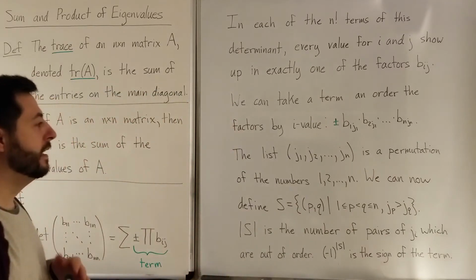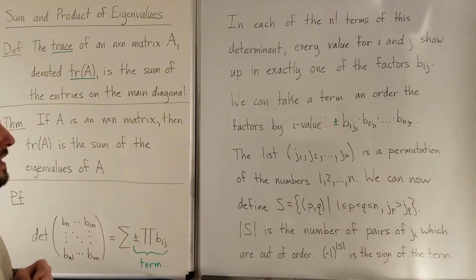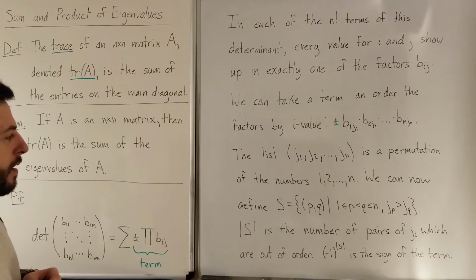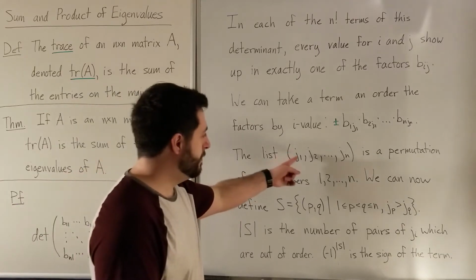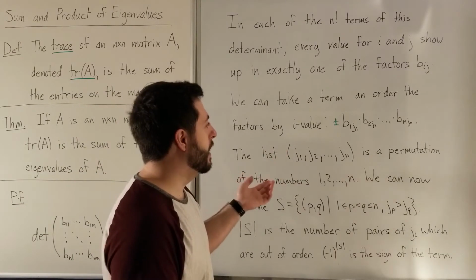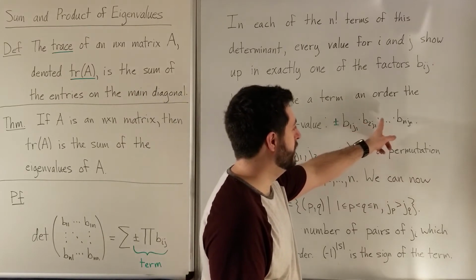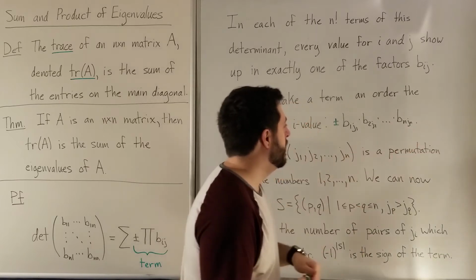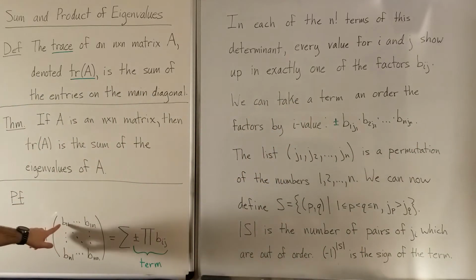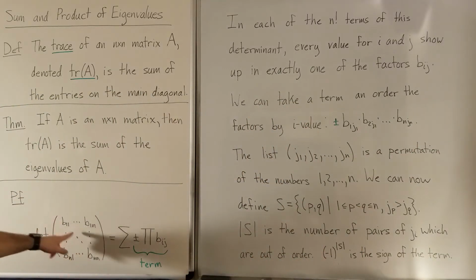All of them are exactly in order. What does that mean? Well, that means that J sub I is always equal to I, which means this is B11, this is B22, all the way up through Bnn.